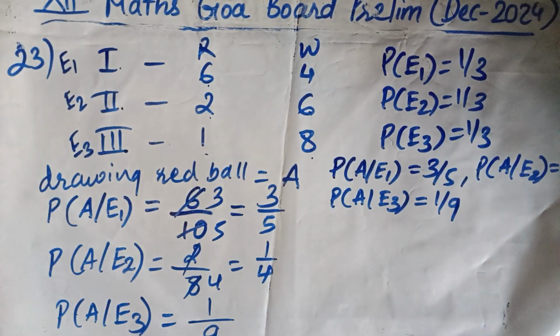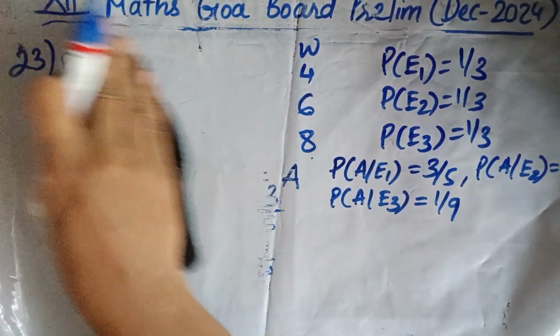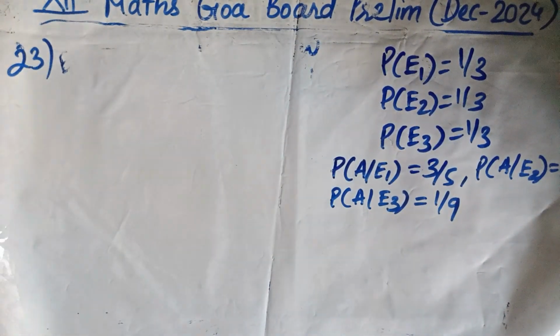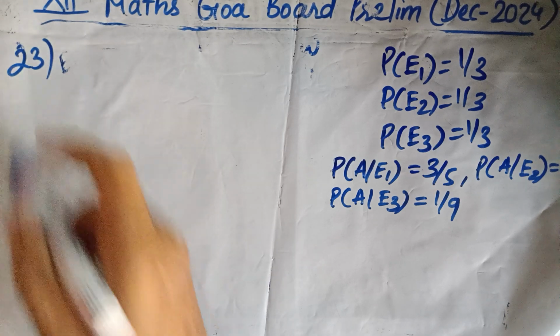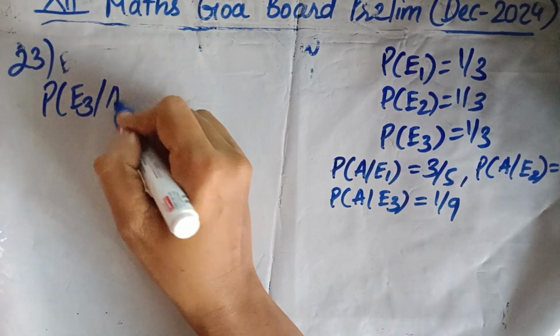Now what do we have to find? The ball is drawn, it is not from urn 1, not from urn 2, so it should be from urn 3, and it should be red.